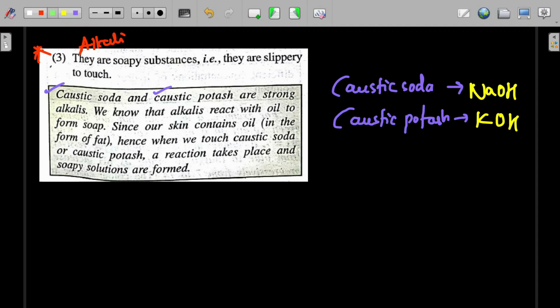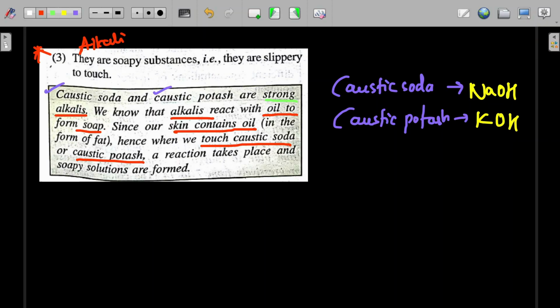So what happens? They are strong alkalis, means they completely dissociate when you dissolve them in water. Therefore, they are strong. Alkalis react with oil to form soap. Soap formation we didn't learn, but the simple way: take alkali, take oil, it will react and form soap. Since our skin contains oil in the form of fat, that will react with the caustic soda or caustic potash which you have touched.